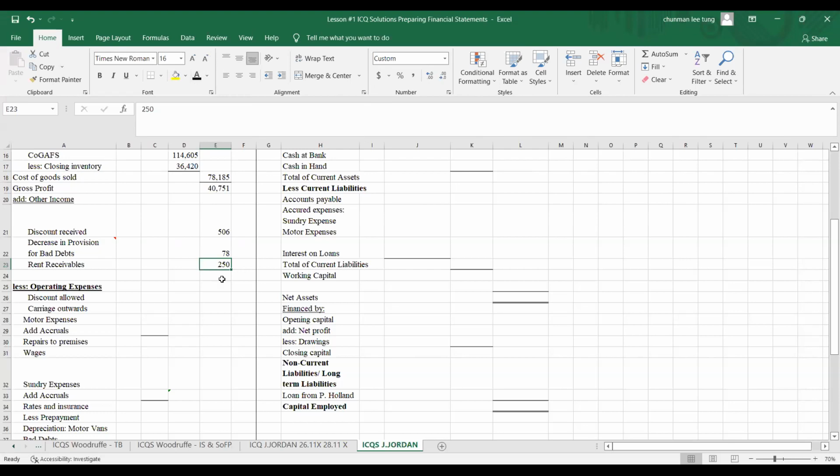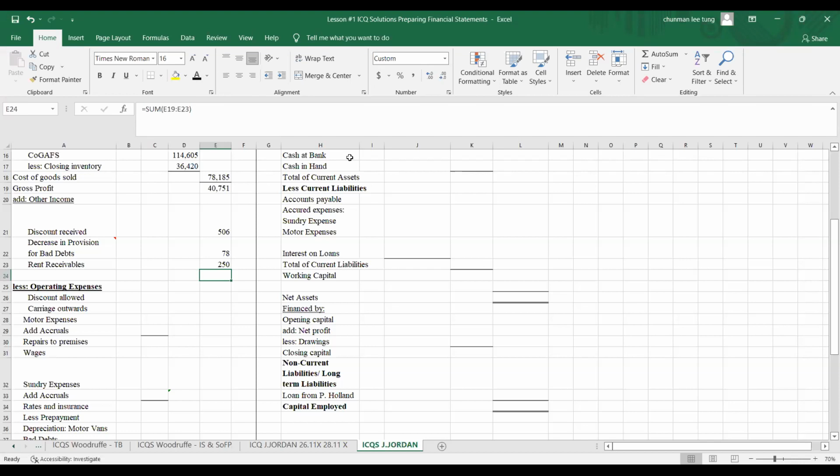Right. So what is our total revenue? Or I should say, what is our total gross profit? So we had a gross profit of $40,751, discount received of $506. There was a decrease in provision for bad debts, which is $78. Rent received $250.